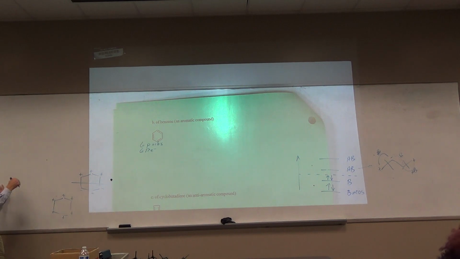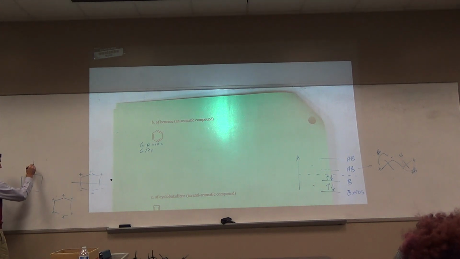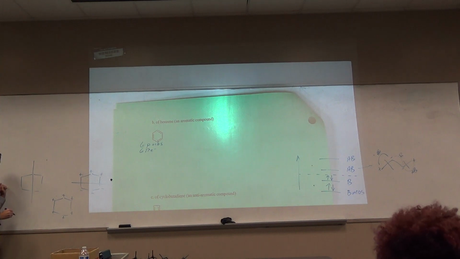Because of symmetry, there's another way to get just one node, and it actually runs right through 2 atoms. If this is plus or minus, it doesn't matter, it's just a starting point. What would this be? Plus.